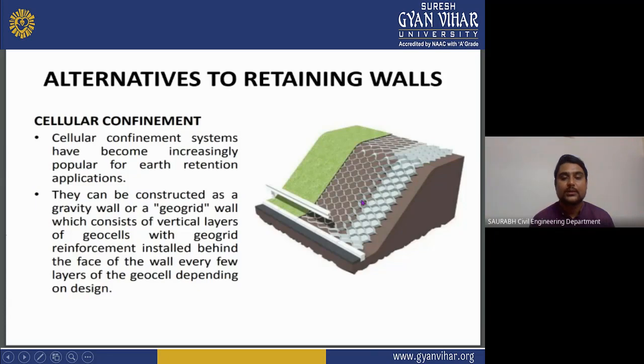Here, reinforcements are installed behind the face of the wall, with very few layers of geocells depending on the design. As you can see here, this is an image of the alternative, known as the cellular confinement retaining wall.